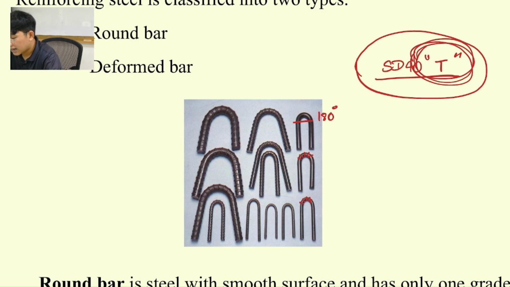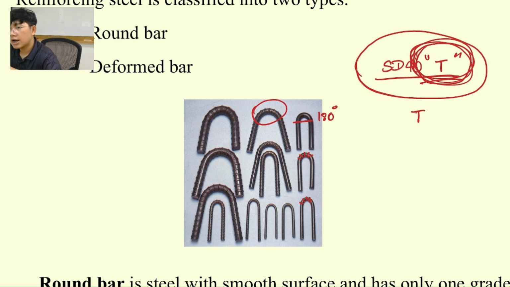They have another type, T over here, which is cooled by water spray. So after they extrude it, they water spray the steel in order to reduce the temperature of the reinforcement rapidly. So that's why sometimes the reinforcement steel with the T grade has some problems during bending.